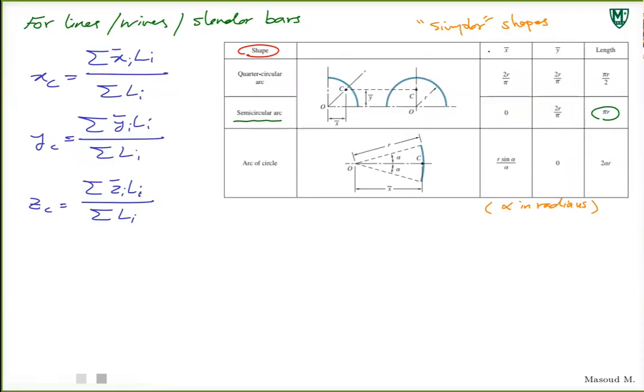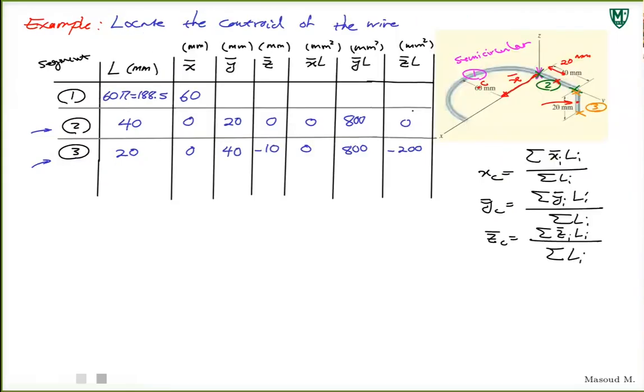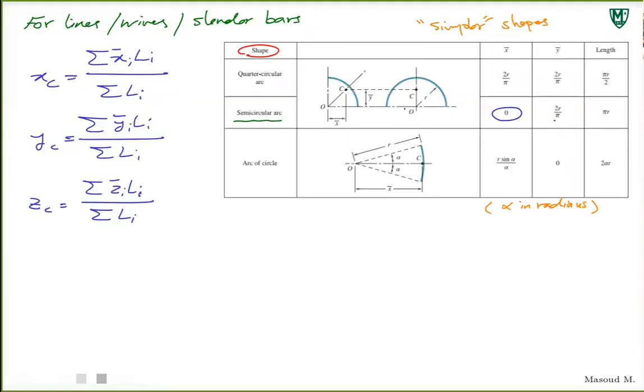Don't get confused. If you look at this table, it says for a semicircular arc, X bar is 0, right? But you don't put X bar 0 here. I put 60. Why? Because here the coordinate is placed exactly in the middle. It's important to know how to use the table. That's why the X coordinate along the horizontal axis is 0.